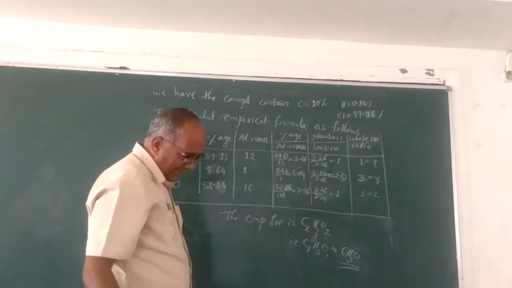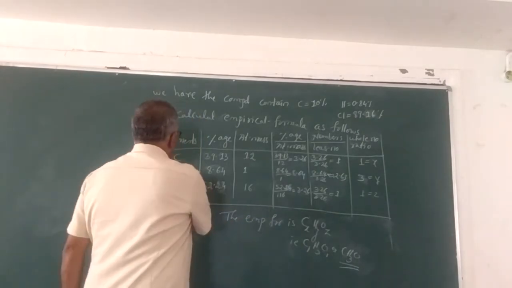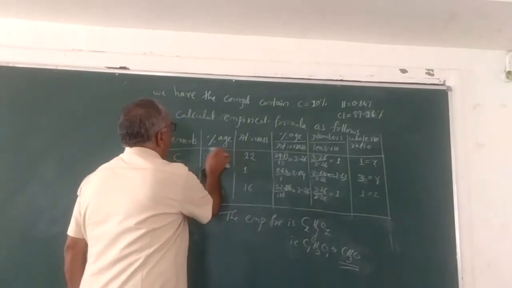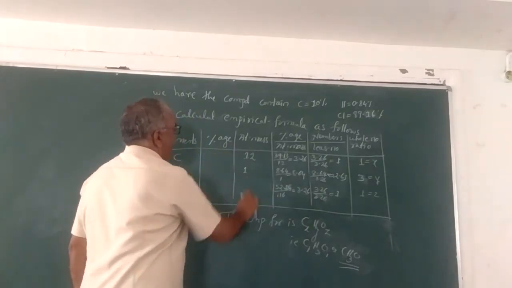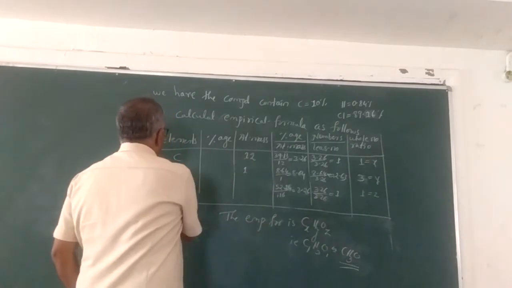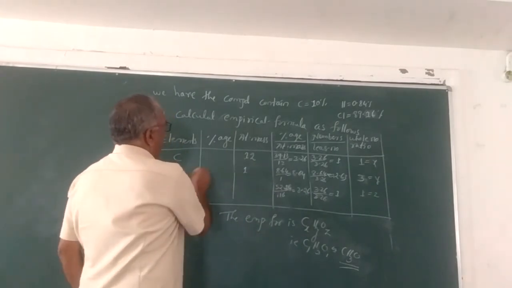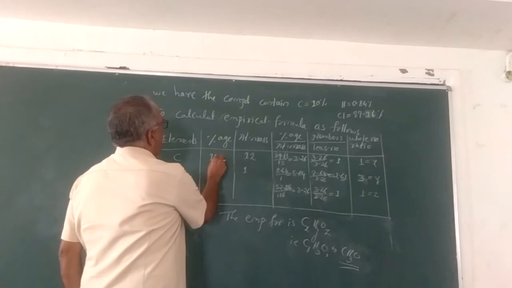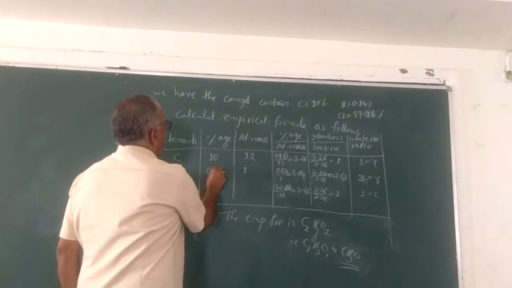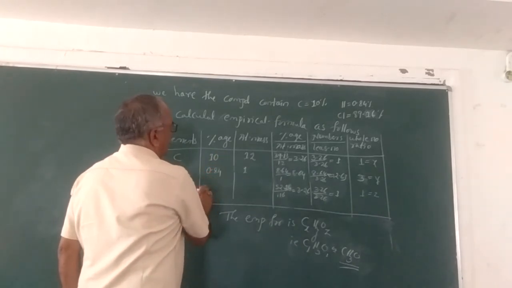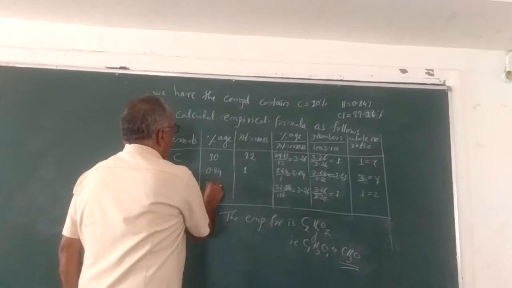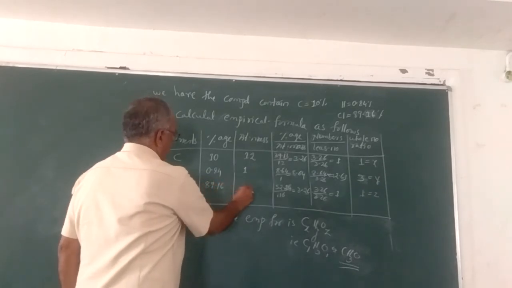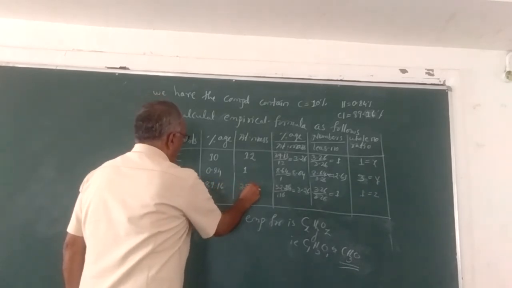Then follow the steps. So what are the elements? Carbon, hydrogen, chlorine. Carbon is 10%, hydrogen is 0.84%, chlorine is 89.16. The atomic mass of chlorine is 35.5.